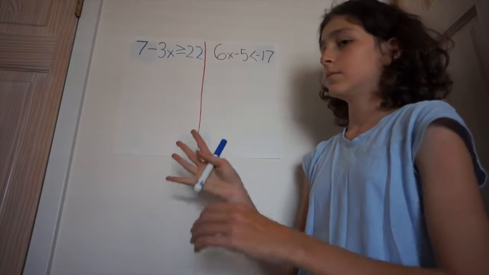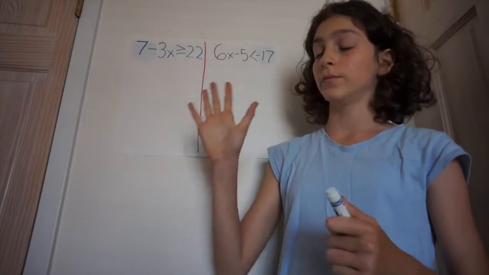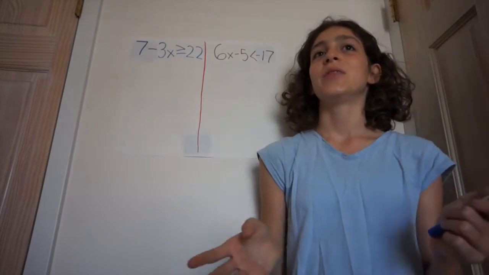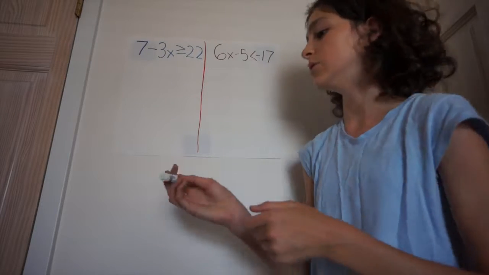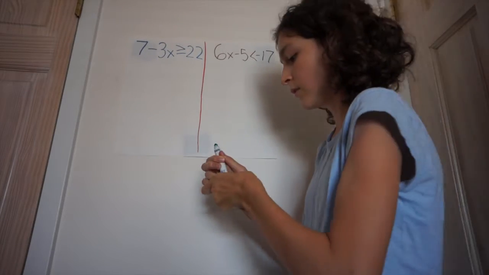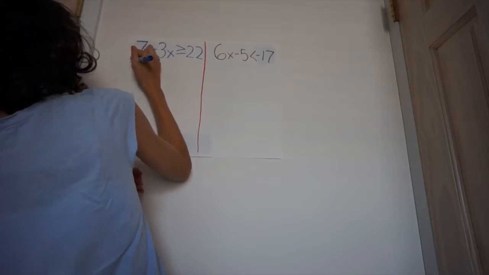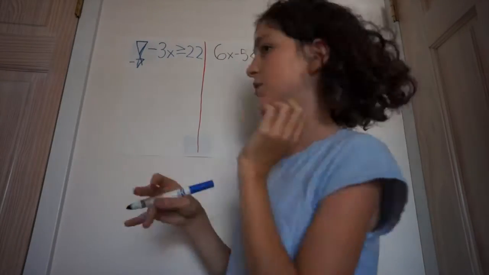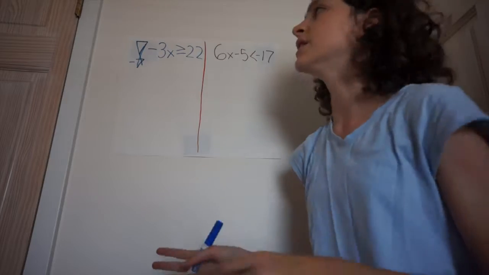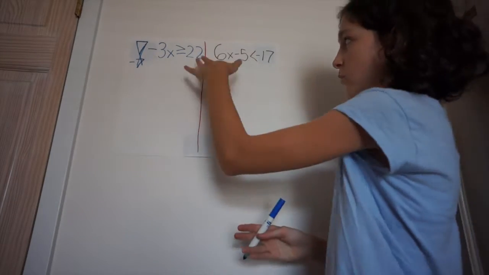To make 7 into 0, you'd subtract 7, because 7 minus 7 is 0, and it cancels itself out. But you have to also do the same thing to 22.